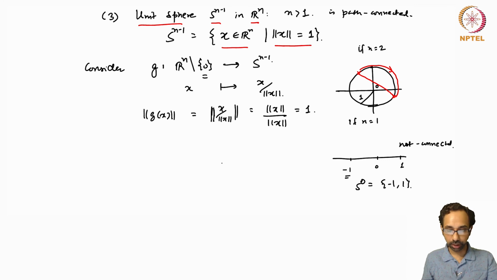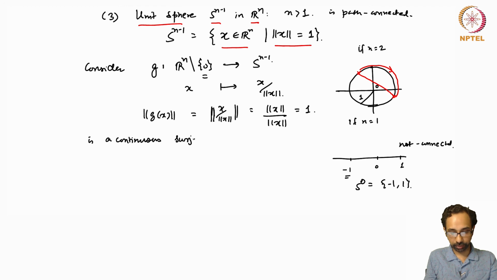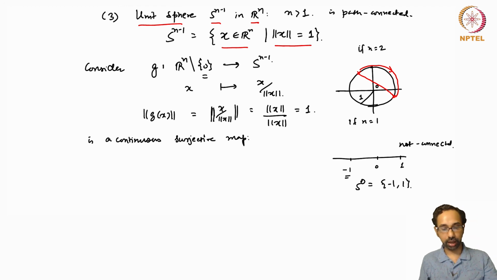So this function g is a continuous surjective map from Rn minus 0 to Sn-1.